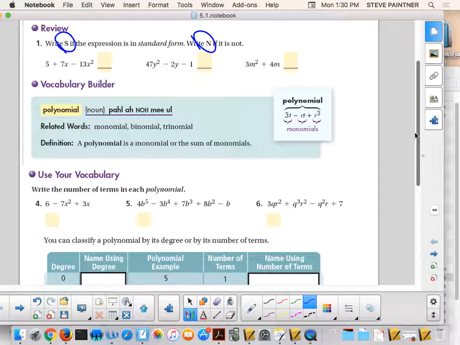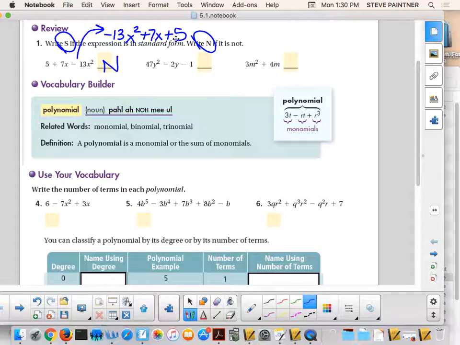All right, first problem, Molly, yes or no? No, it's not in standard form. If it was, Molly, can you give it to me? Negative 13x squared plus 7x plus 5. Yeah, and that would be it. If it was in standard form, that's what it would have looked like. You might want to write that down just so you know.